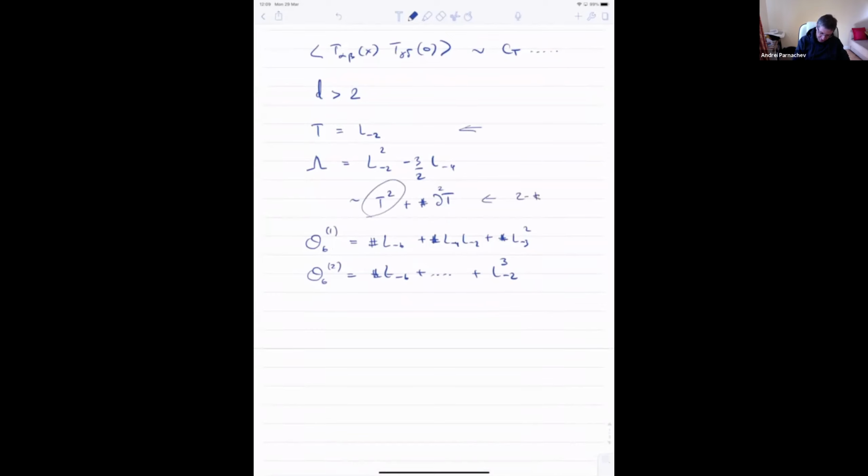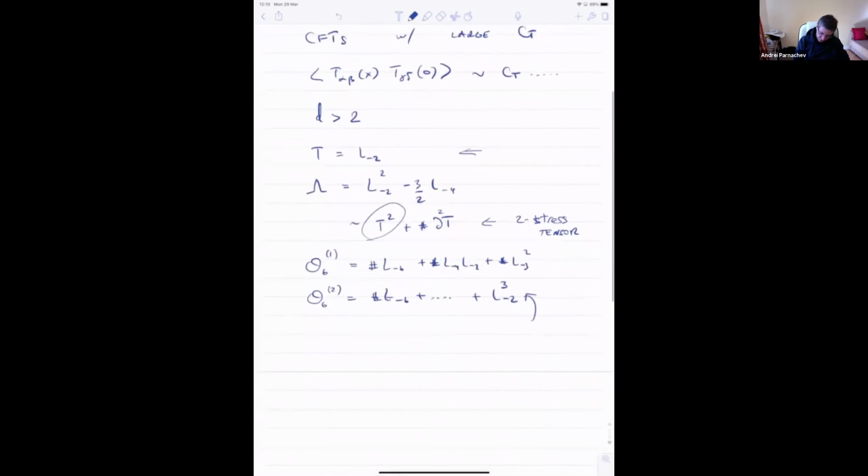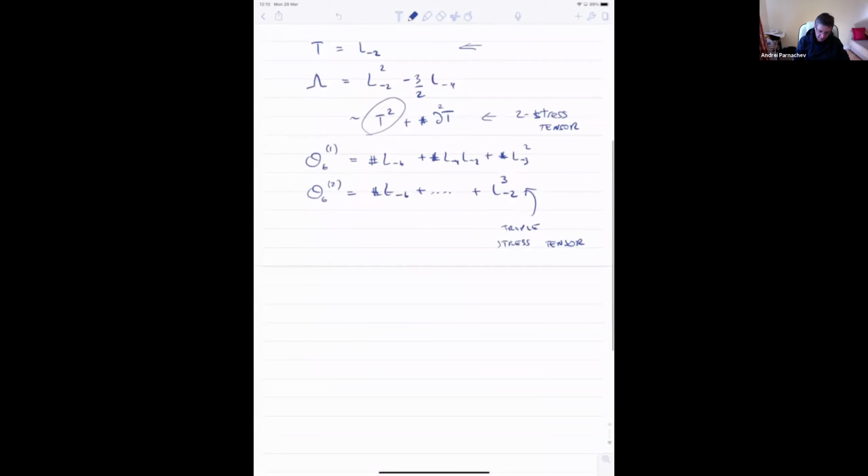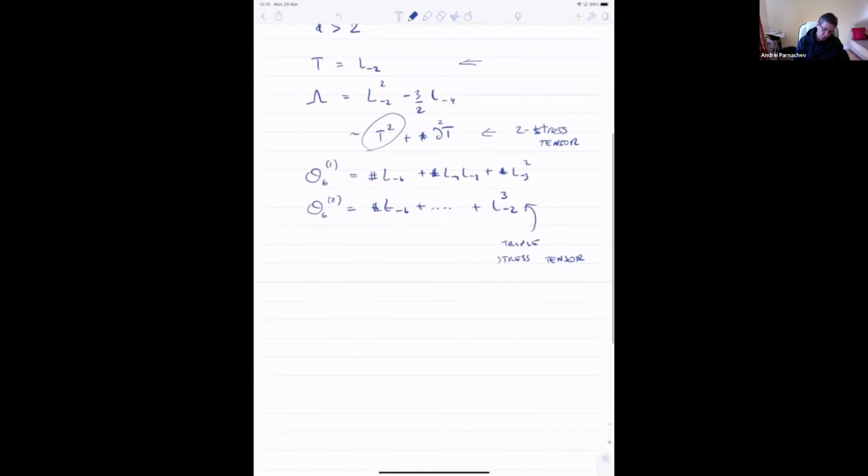The way we call it is a double stress tensor operator. And this one is a triple stress tensor operator. It's important that to make them quasi-primaries, you still need to add pieces which are linear in T here, and quadratic and linear in T here.